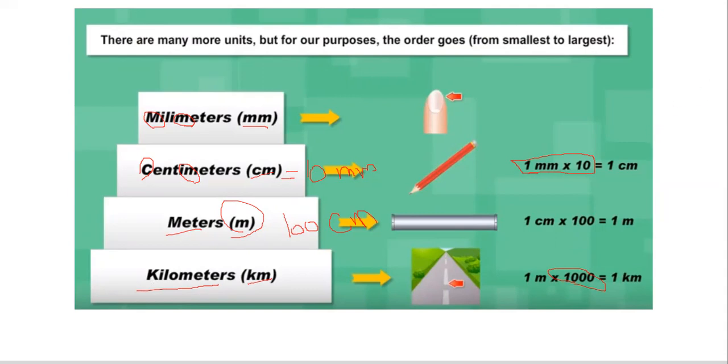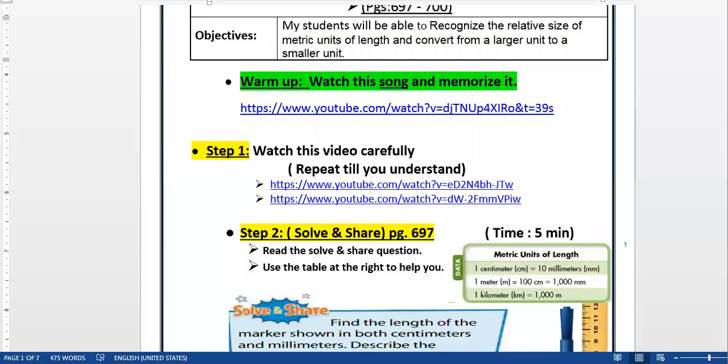Okay, let's go back to our lesson. Today you will find this table in front of you in your book. 1 centimeter equals 10 millimeters. 1 meter is 100 centimeters, which is equal to 1000 millimeters. 1 kilometer is 1000 meters.